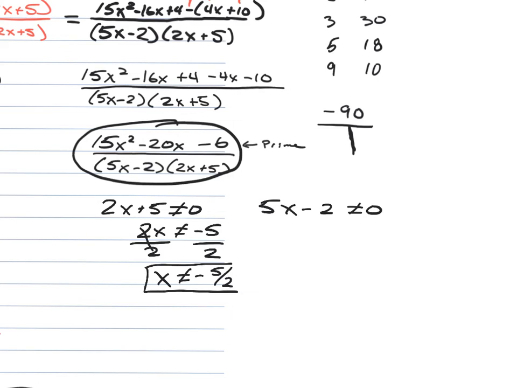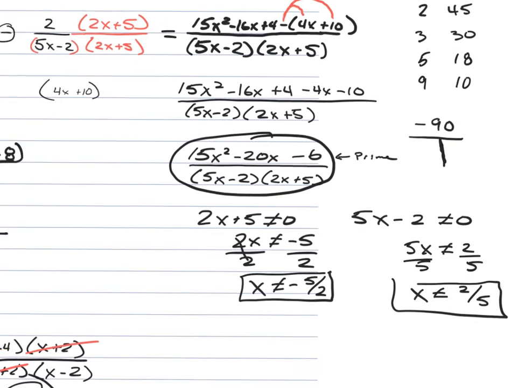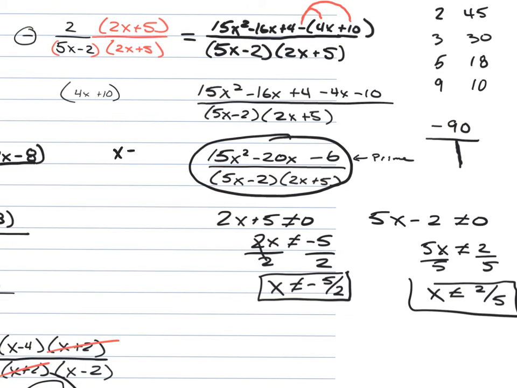That's one thing it can't equal. Add 2, and we get 5x cannot equal 2, divided by 5. X cannot equal 2 fifths. Those are two things it can't equal. So x cannot equal negative 5 halves, and x cannot equal 2 fifths.